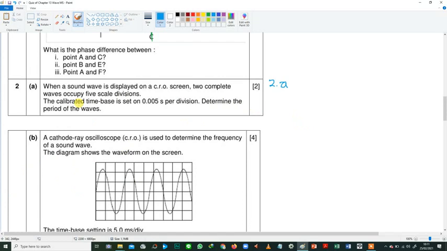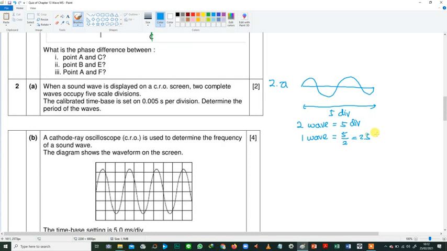When a sound wave is displayed on a CRO screen, 2 complete waves occupy 5 scale divisions. So 2 waves occupy 5 divisions. So for 1 wave it's gonna be 5/2 or 2.5 division.